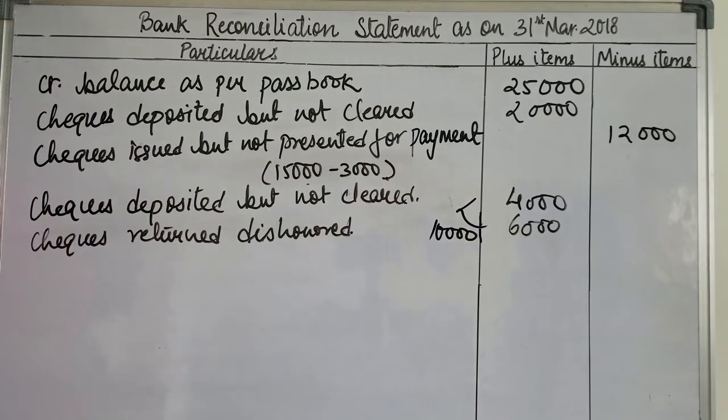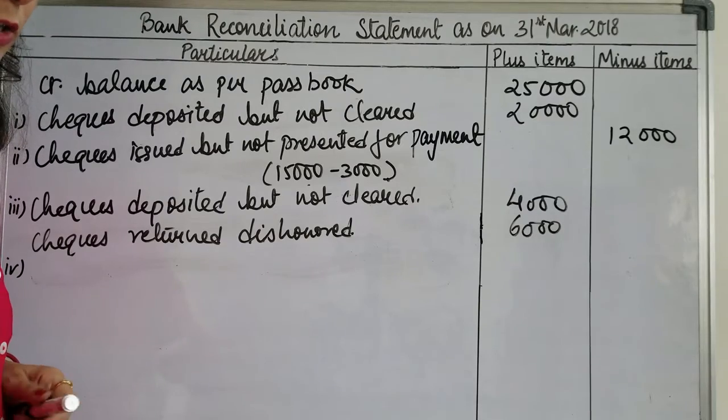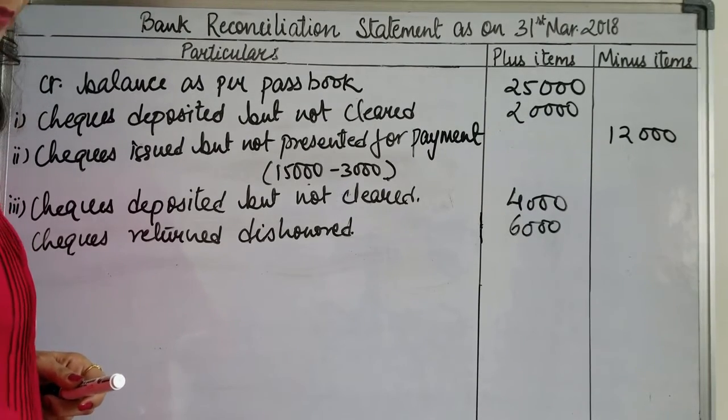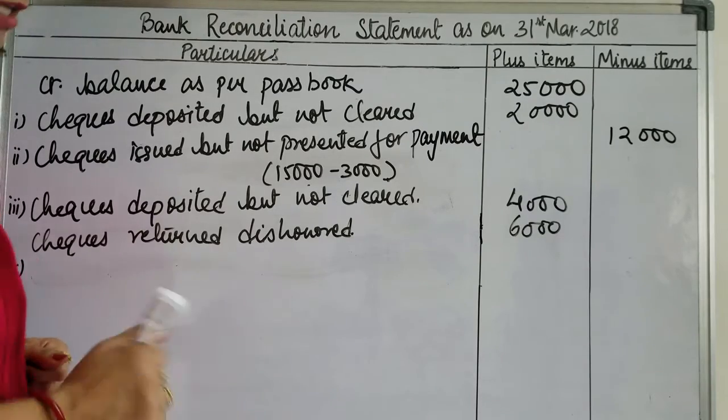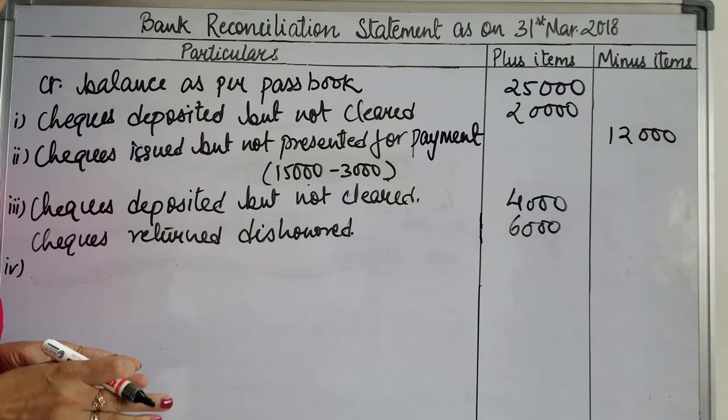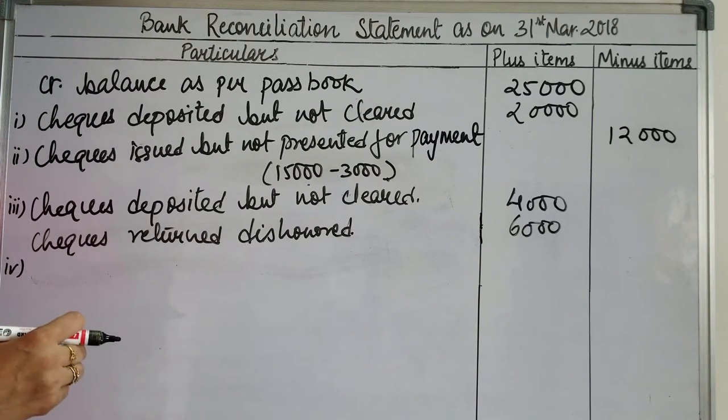Next is interest on investment collected by bank does not appear in the cash book, rupees 800. This amount is already added in the passbook but not in the cash book, so the passbook balance must have increased by this amount.